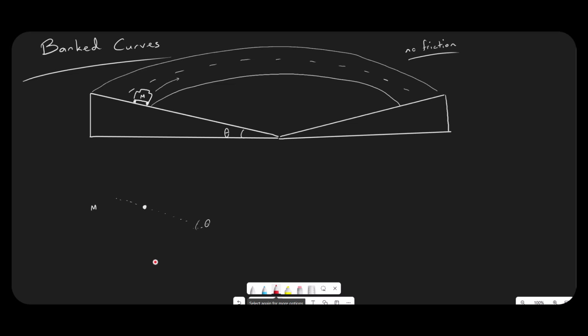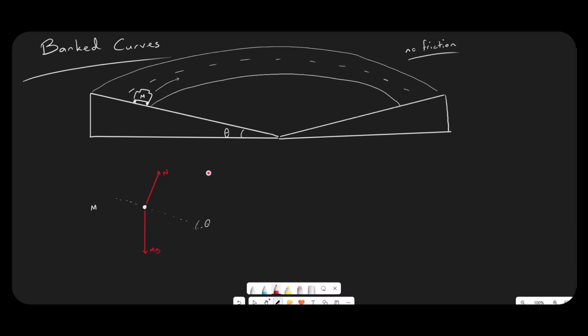You don't want to have to design a different road for a light car versus a heavy car versus a semi-truck. You'd really like this to work for all cars right away. So hopefully the mass doesn't matter. We have downward mg. We have a normal force that points perpendicular to the road. And if we don't have friction, that's really it.